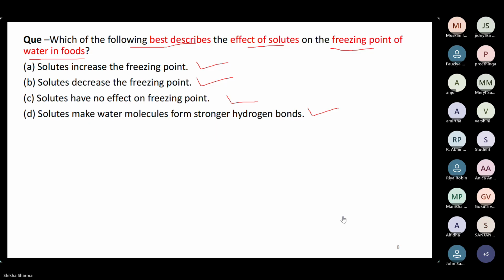So if we are adding solute to the water, what is going to happen to the freezing point? Anyone who would like to answer this question? Fozia is saying B, which is a decrease in the freezing point.